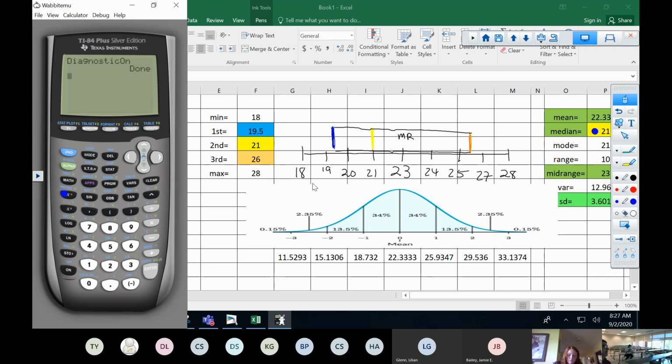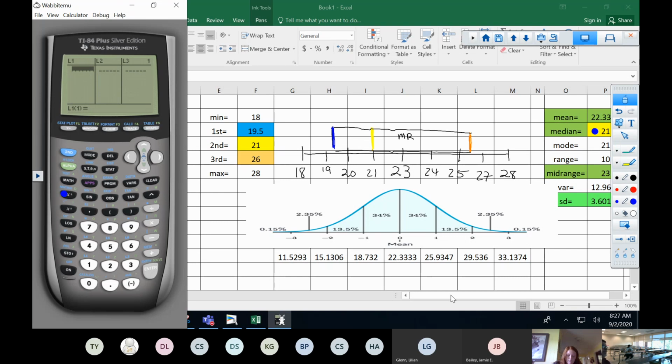Okay? Now I'm going to clear, or quit. Where's clear? There. All right, now I'm going to go to stat and edit. And that's another word for the spreadsheet on your calculator. Stat and edit.